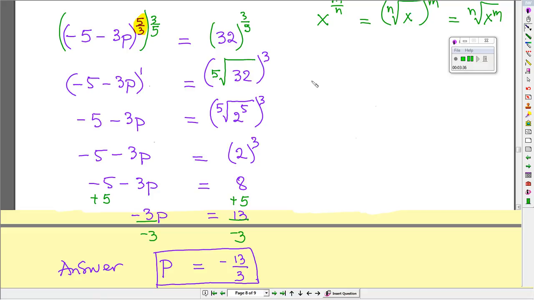Okay, now we are going to check our solution. We check for p is -13/3.